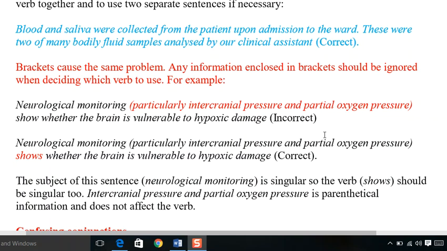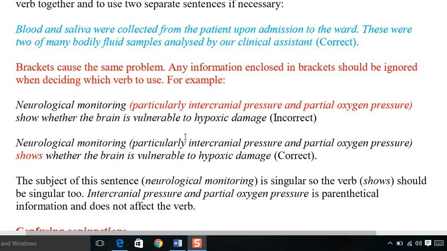But here we have to see that these things, intracranial pressure and the others, are words in parentheses. They should be ignored. We only have the subject, neurological monitoring. This is the subject, and this is why it is neurological monitoring shows.